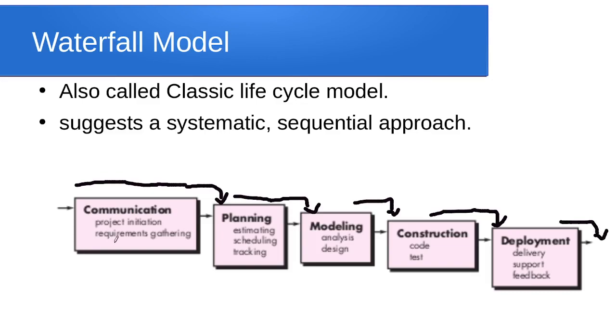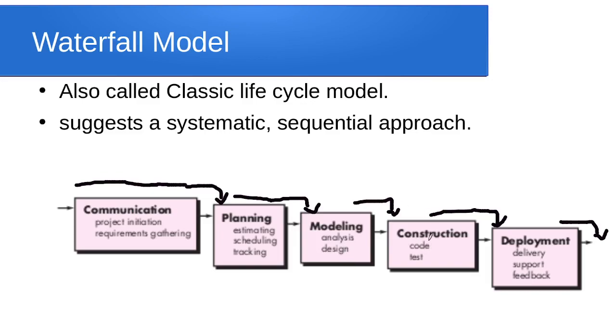So after the communication phase, planning will start, and once the planning has started, we are not going back to the communication phase. Once the planning completes, we start modeling, and while modeling, we are not going for anything like estimating or scheduling. It's okay, all has been done. After modeling, we are going for construction, and while constructing, we understand that the design and analysis that has been done is totally correct and complete.